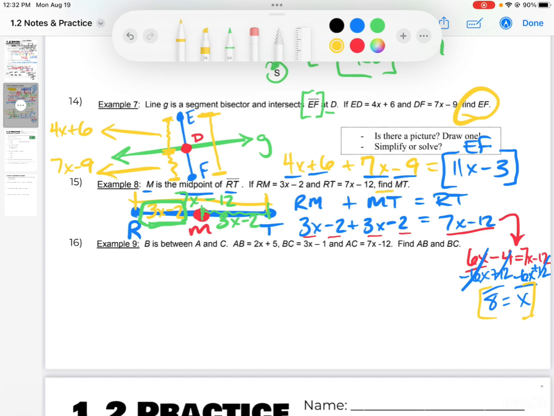The question is saying, find MT. MT equals 3x minus 2. And I just said that x equals 8. So 3 times 8 is 24, minus 2 is 22. MT equals 22. I know that that's a big giant mess, but there's my answer.